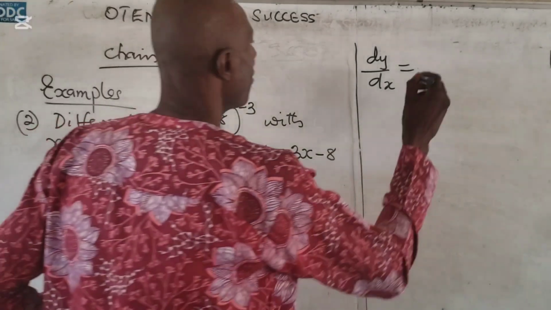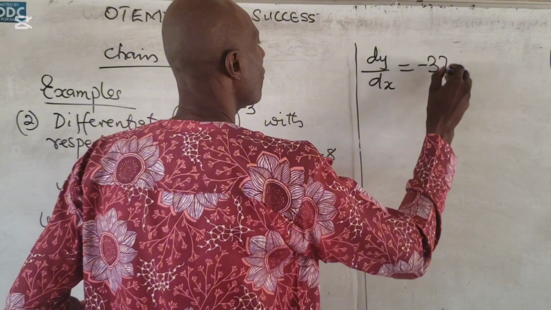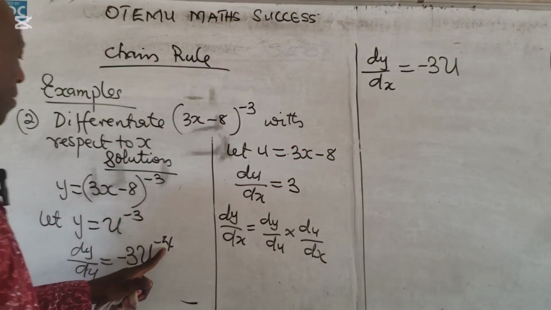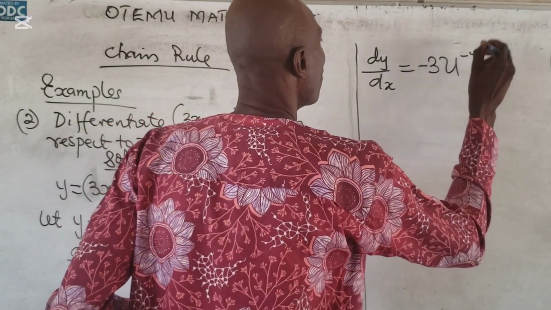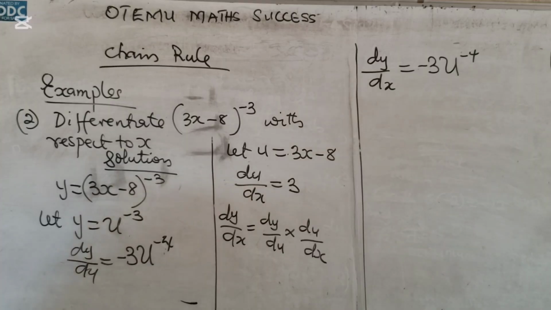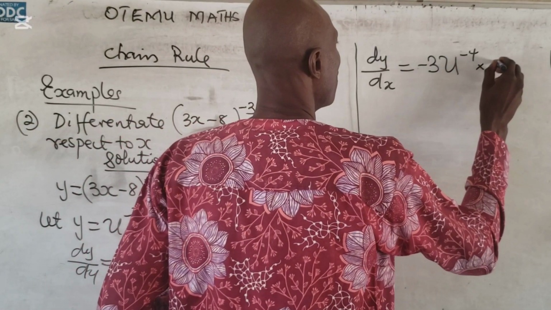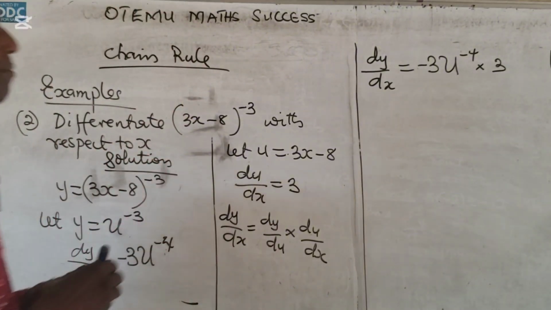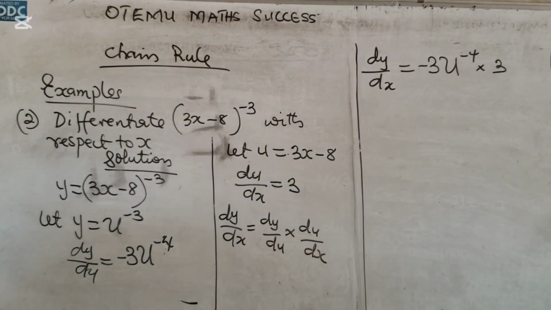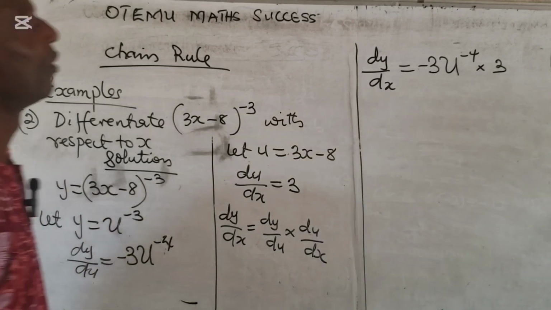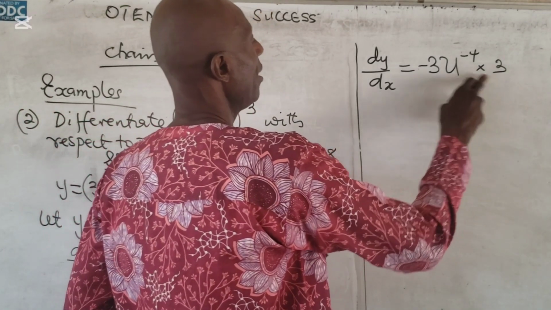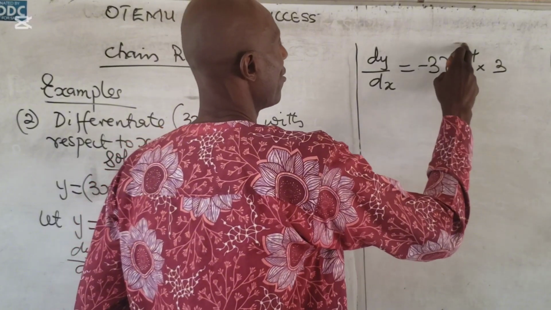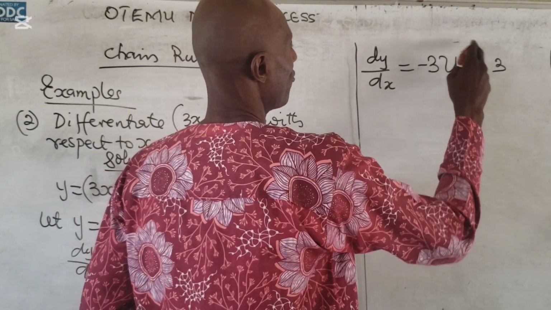Minus 3u raised to the power of minus 4. Then du/dx is 3. Take note, here it is dy/du, not dx; we have two variables here, y and u. Now, minus 3u raised to power minus 4 times 3.